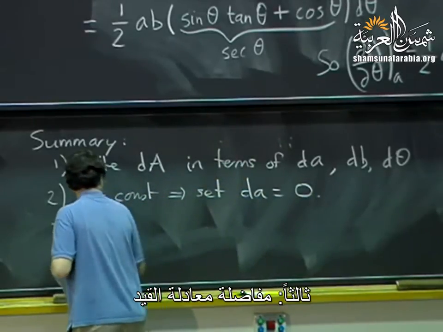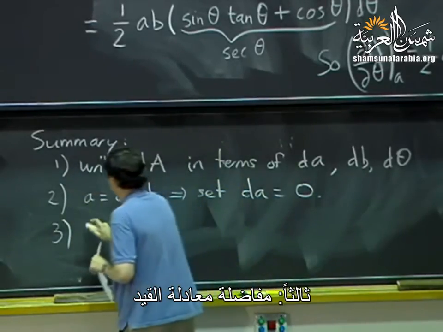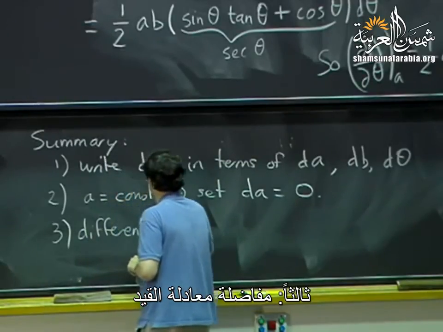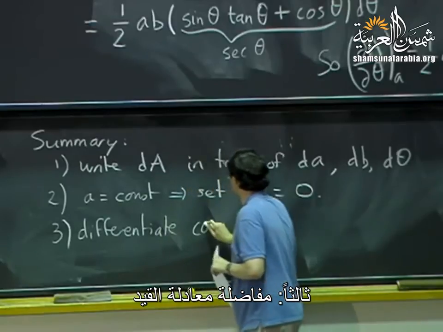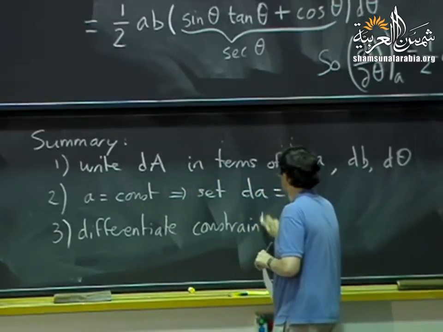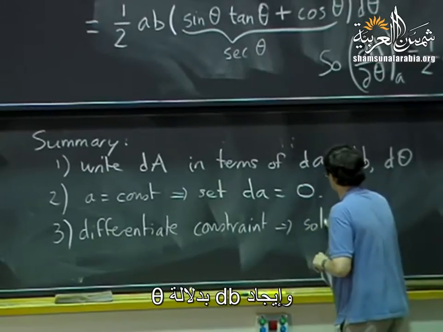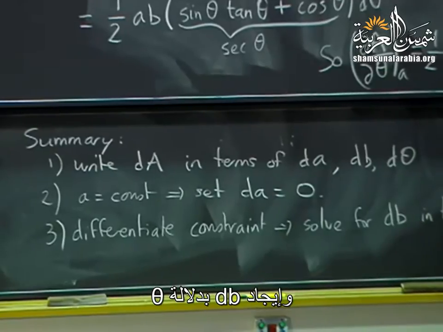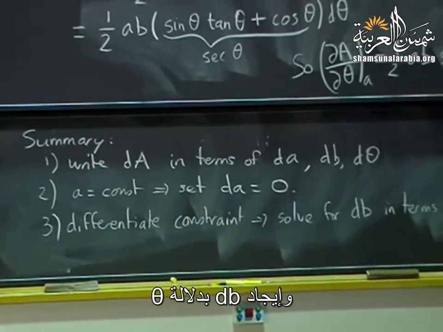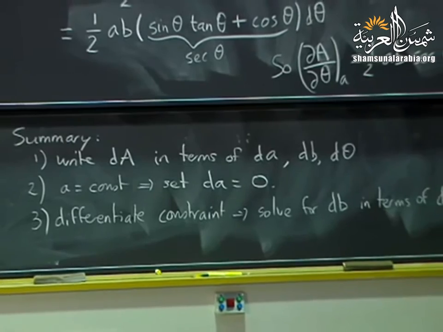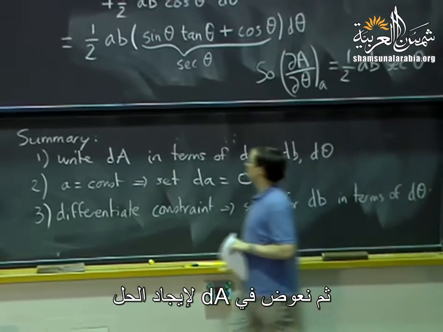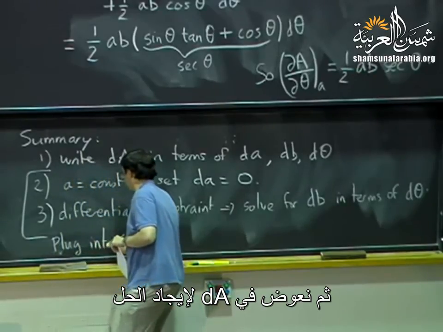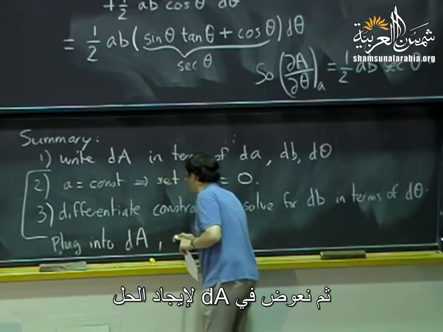And the third thing is that we differentiate the constraint, and we can solve for db in terms of d theta. And then we plug into dA, and we get the answer.